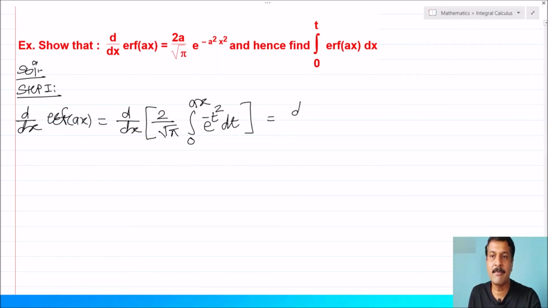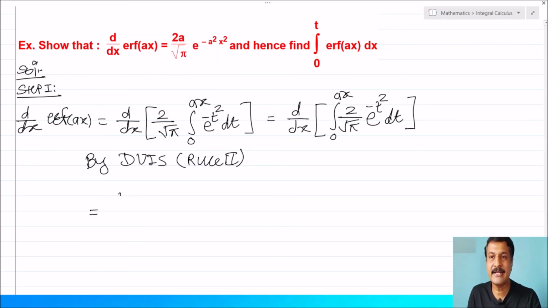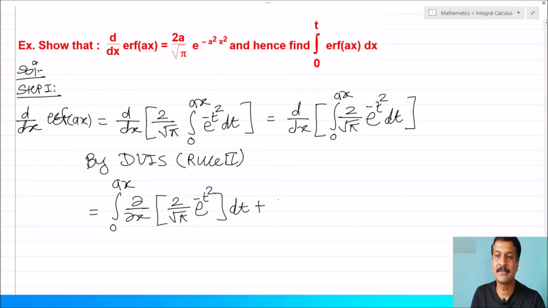So by the DUIS rule number 2, that means the Leibniz rule, I am getting integration 0 to ax of the partial derivative with respect to x of 2 by root pi into e raised to minus t square dt, plus the variable replaced by the upper limit, so here the variable is t, t replaced by the upper limit, into the derivative of the upper limit, minus the same thing with the lower limit, that is the variable replaced by the lower limit into the derivative of the lower limit with respect to the parameter.